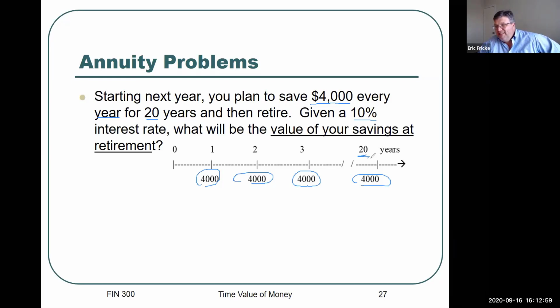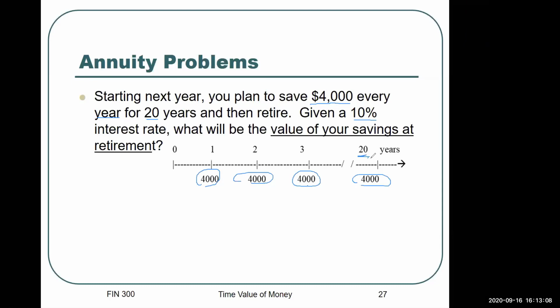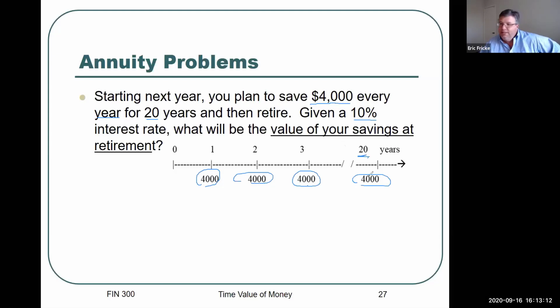So if we take the present value of this, is that what the question is asking? No, it's asking for the value of your savings at retirement. Yeah. So it wants to know how much money you're going to have in the bank out here.